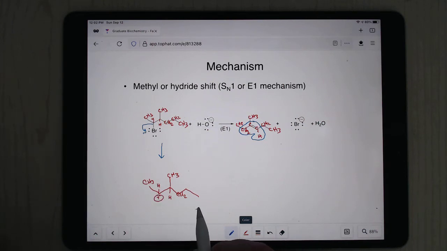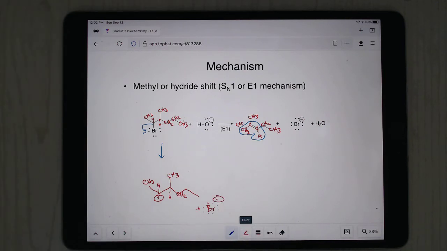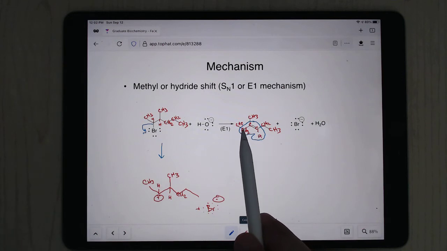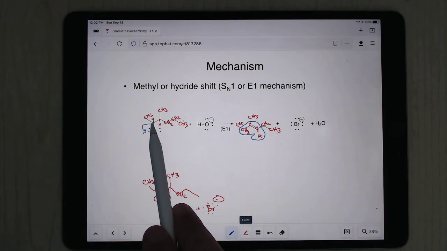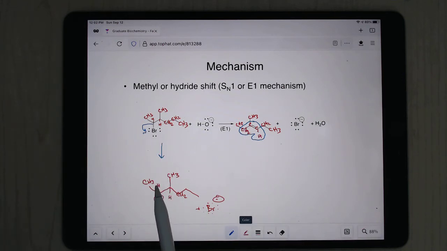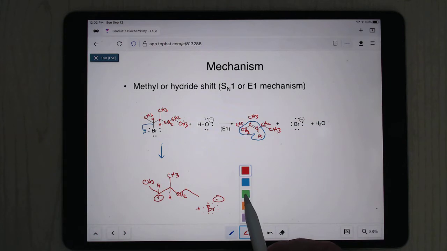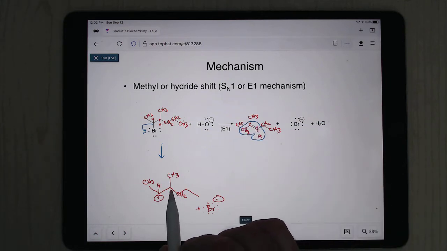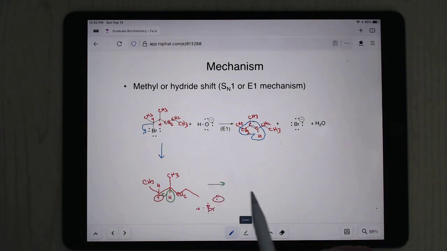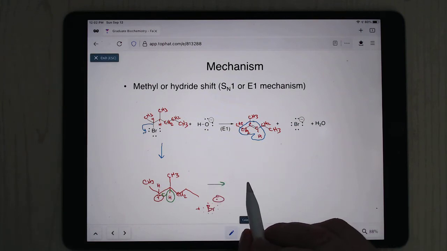Carbocation here, your bromide leaving group. Now, for this one, we need to get a hydrogen over here. We need to go from a CH to a CH2, and having that charge on there is a good opportunity to move things around. So what we're going to want to do is move this hydrogen over there.